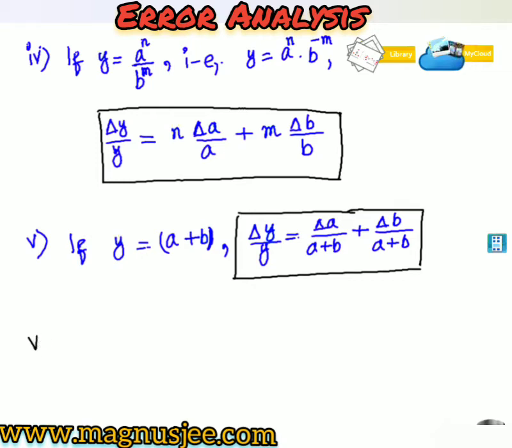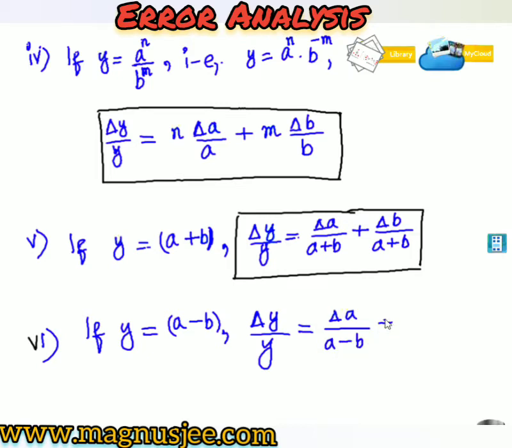Number 6, if y equal a minus b, that means y is equal difference of two functions, then delta y by y, which is the relative error in the measurement of y, will be same as the formula of a plus b, and that is delta a by a minus b.